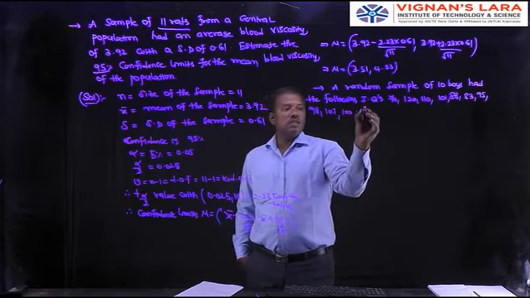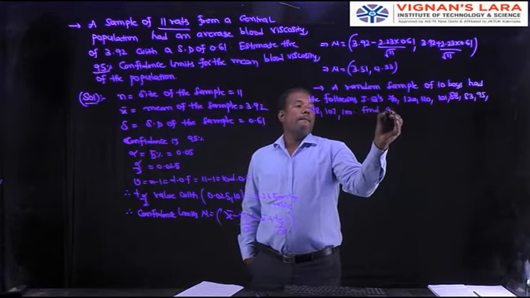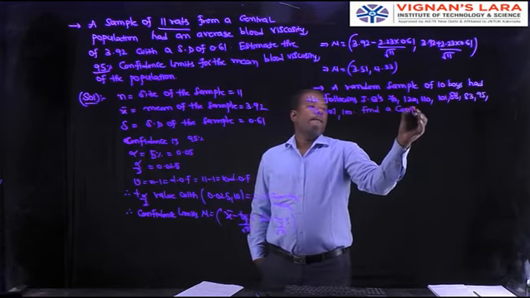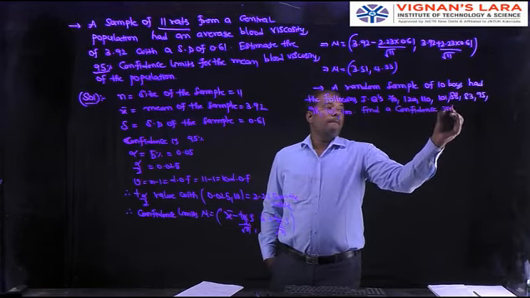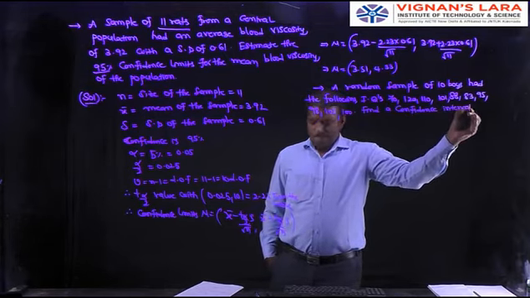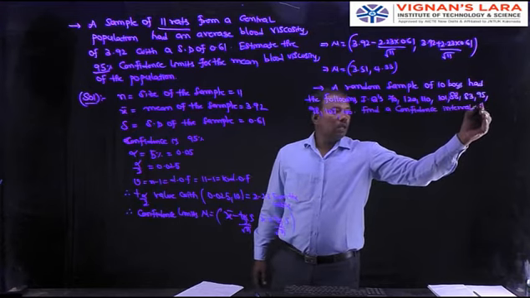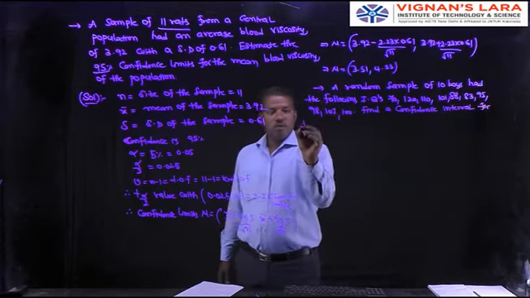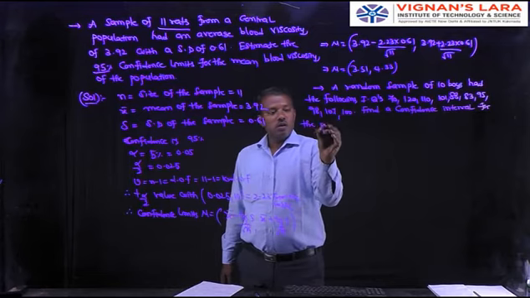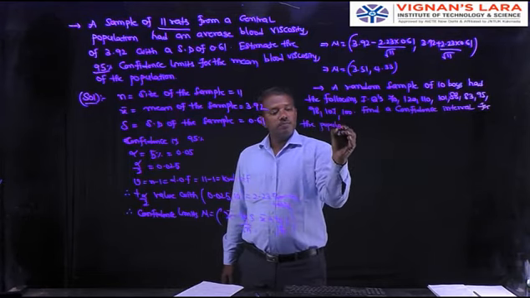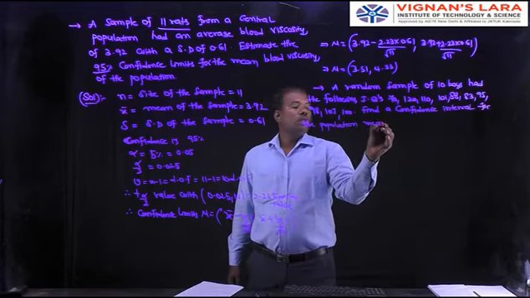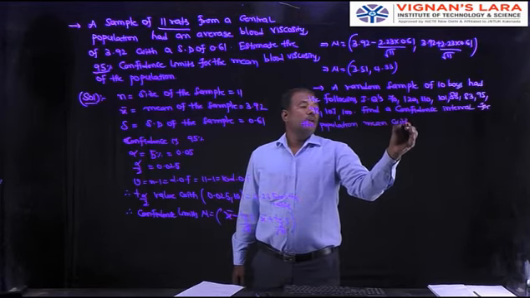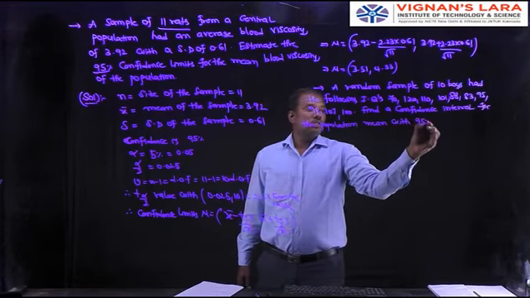Find a confidence interval for the population mean with 95% confidence.